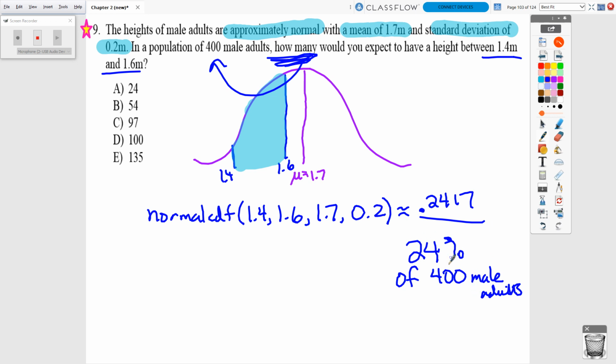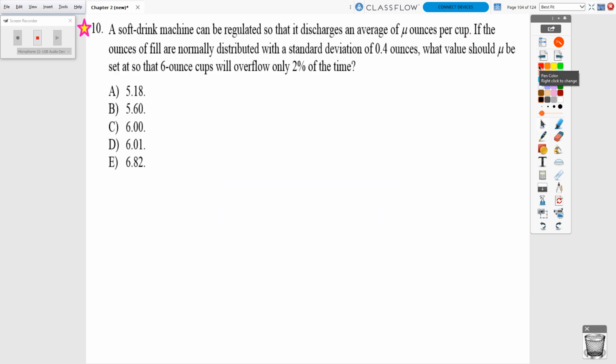Well, that's just about a quarter, right? 25% would be a quarter, and a quarter of 400 would be 100 people. So this is going to be something really, really close to 100. And 24% of 400 is 96. So I would expect around 96 out of these 400 male adults to be between 1.4 and 1.6 meters, which closest gets me to that 97.